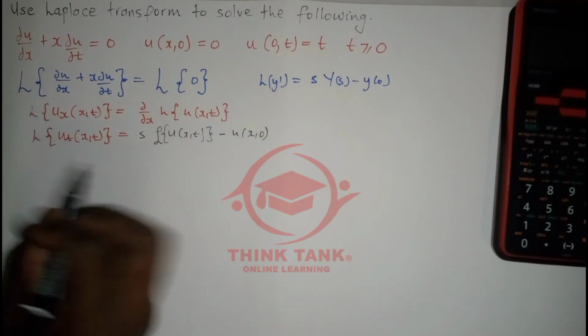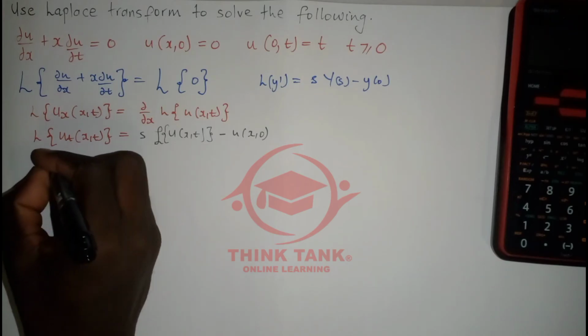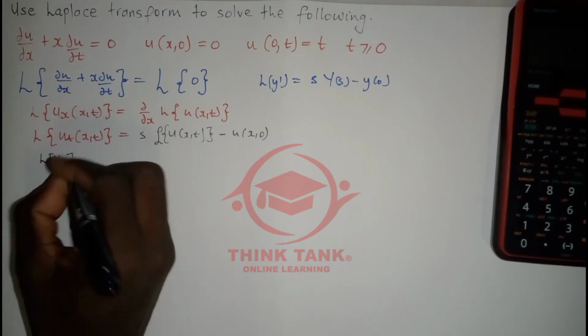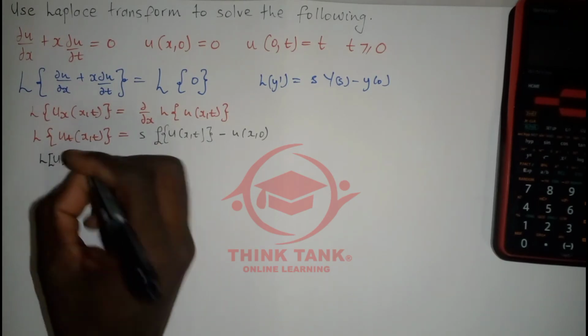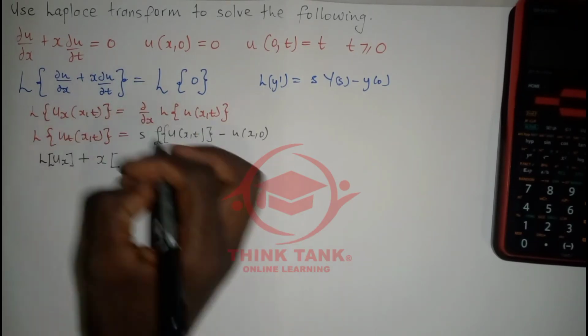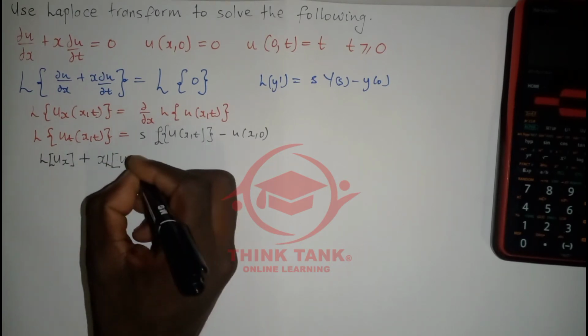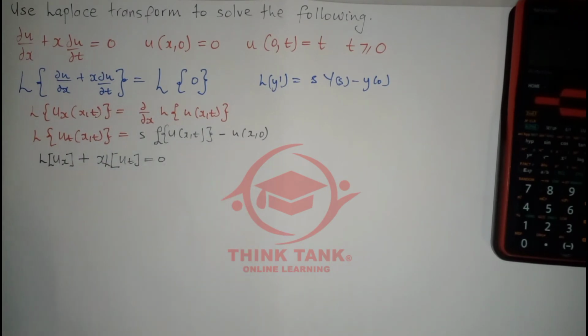Then plus, remember we have x here, we're going to factor out x, and we have the Laplace transform of ut, and this is going to be equal to 0.